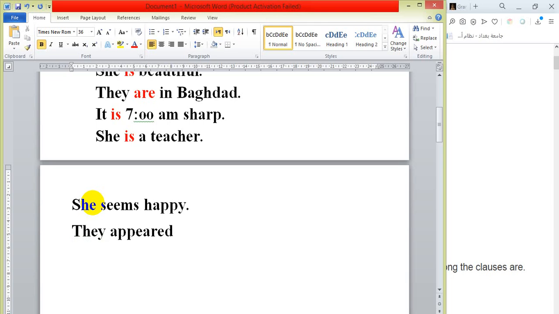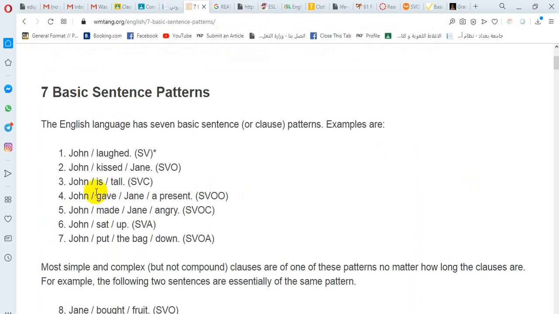They appeared late, for instance. Okay, whatever. So here we have seems, or we have another example. She or it smells bad. Okay, etc. So these verbs also function just like what? Just like verb to be. This is the third pattern, which is SVC, subject, verb, and complement.